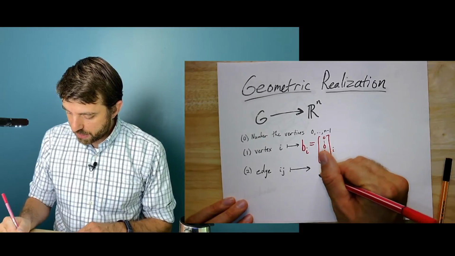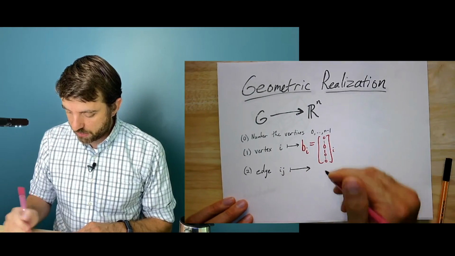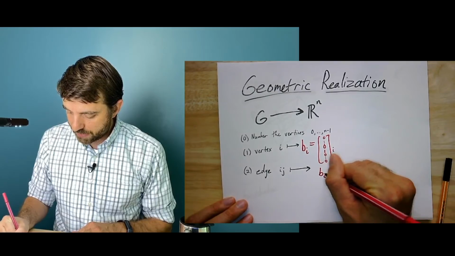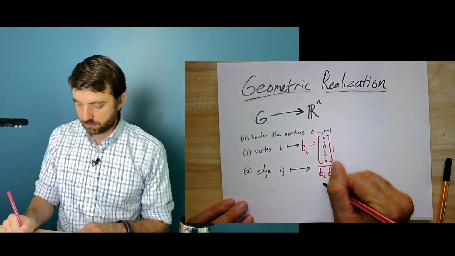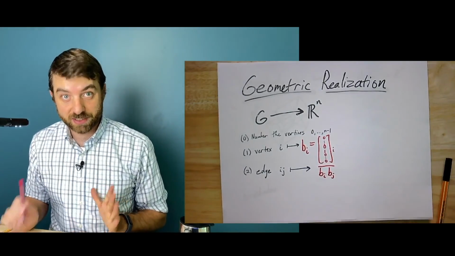And now the edge ij is going to get mapped to a line segment between these two points. I'm going to put the line over it, and that just means line segment.